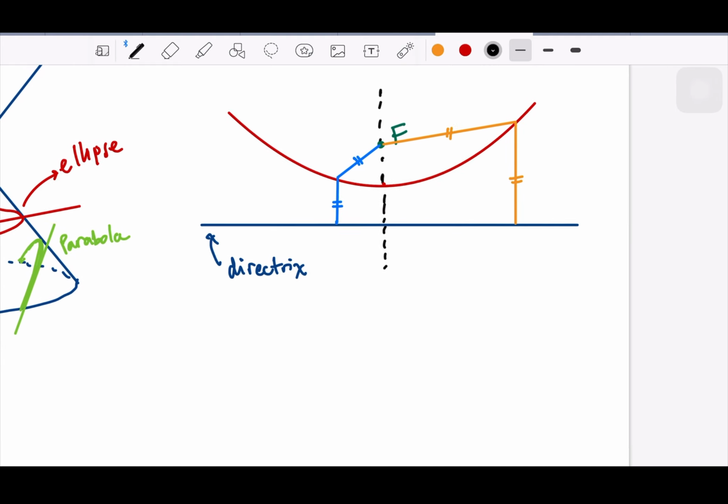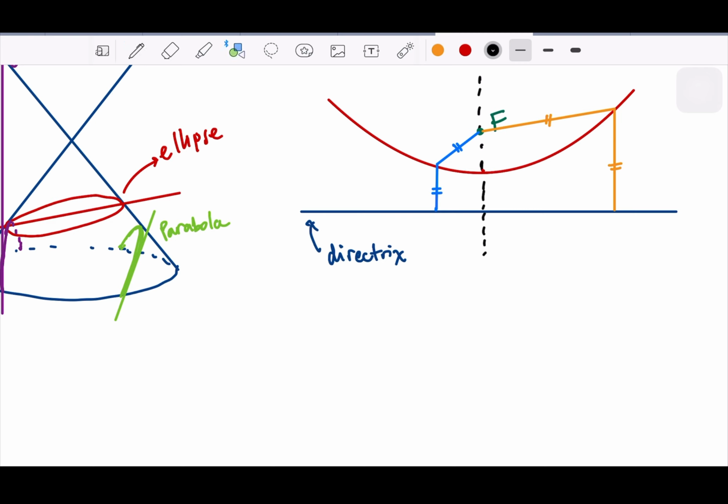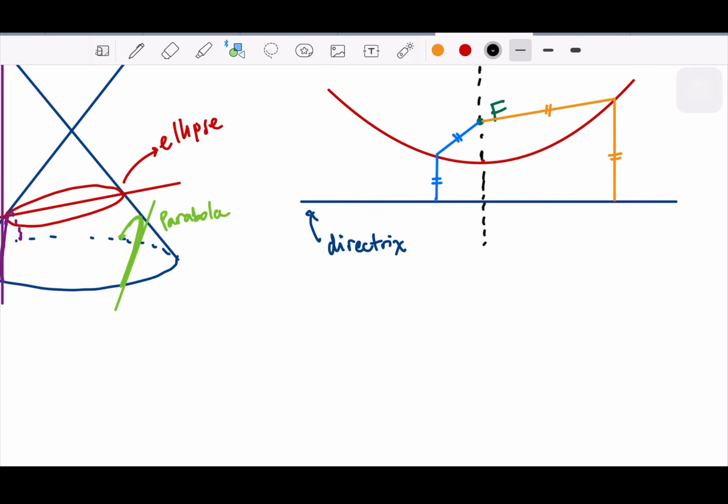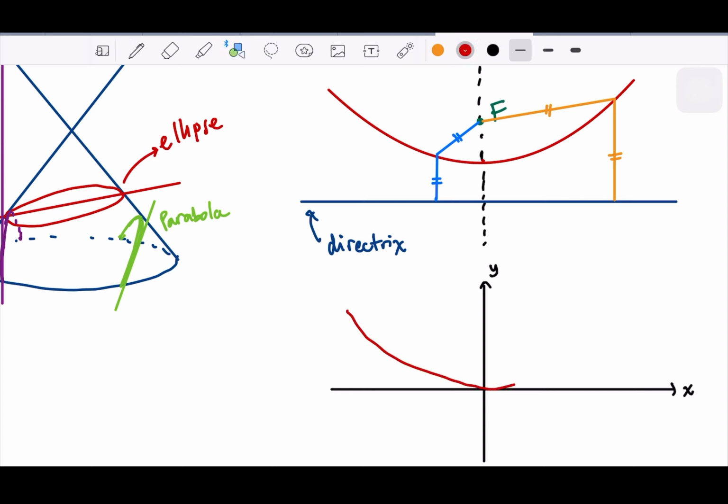So I will move to the x and y axes. So this is x, y, Cartesian, and then let me draw another parabola.